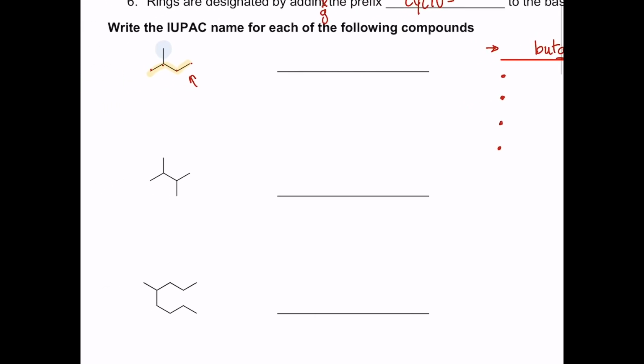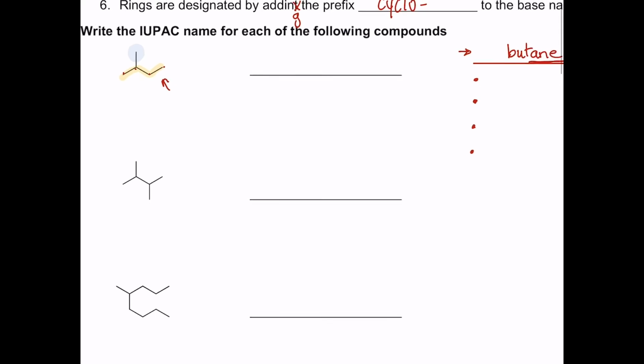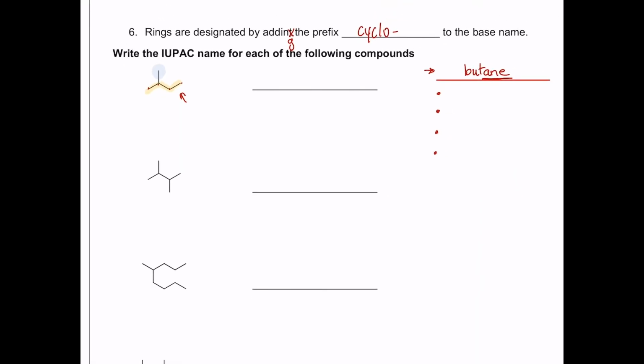Now we only have 1 substituent, so let me erase all these bullets. It is a methyl group: meth, because there's only 1 carbon, and we end it in YL because it's a substituent.